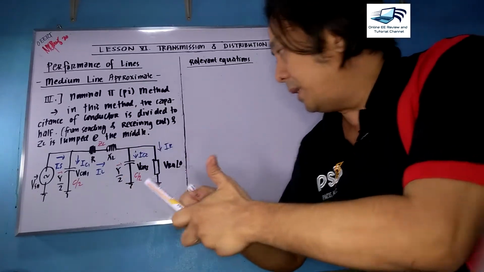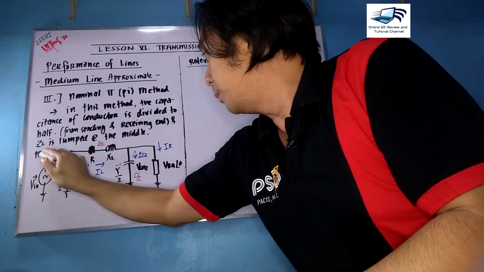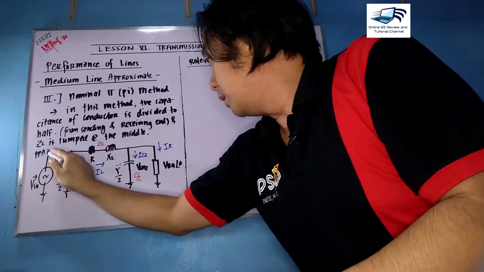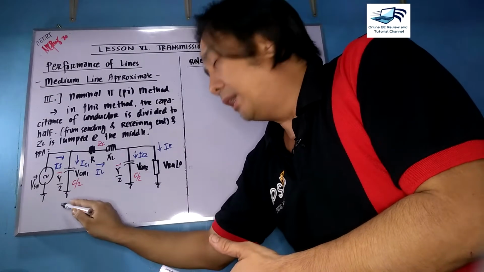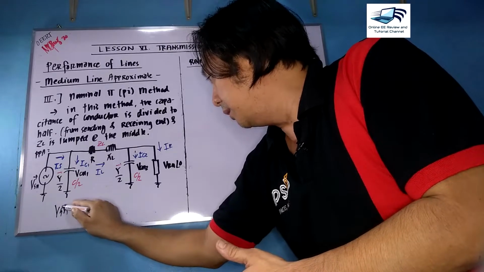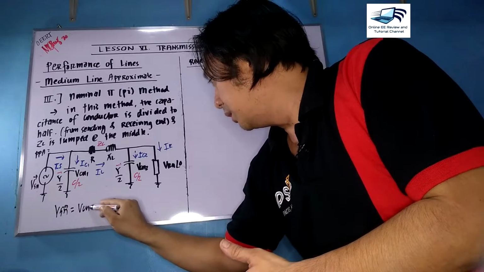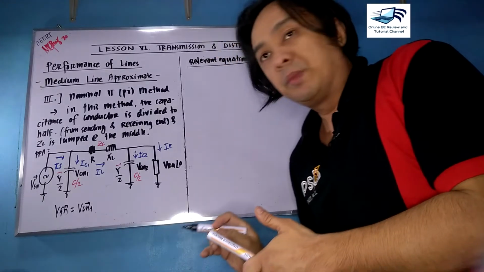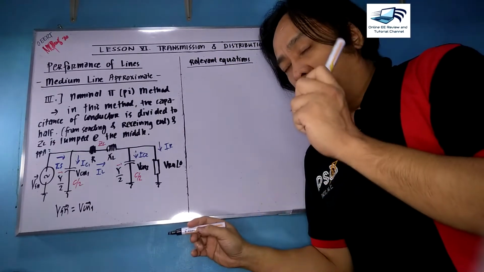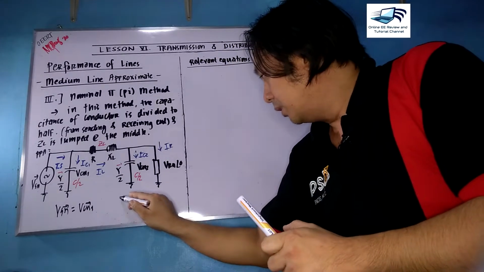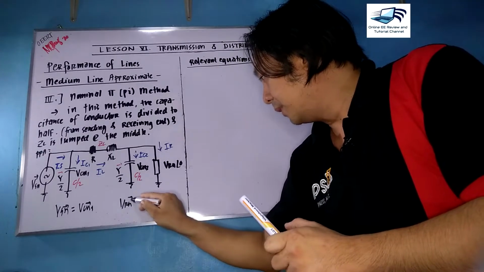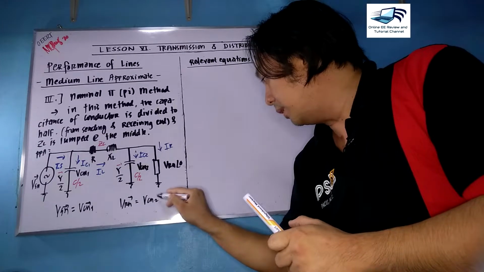Now, if this is on a per phase basis, it's pretty clear that the voltage at the sending end is also the voltage at your first capacitor. The voltage at the receiving end is also equal to the VCN2 at the second capacitor.